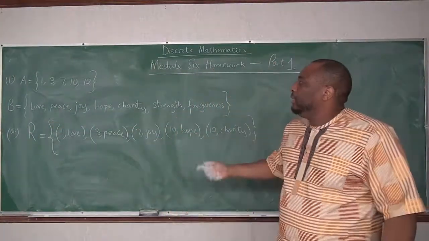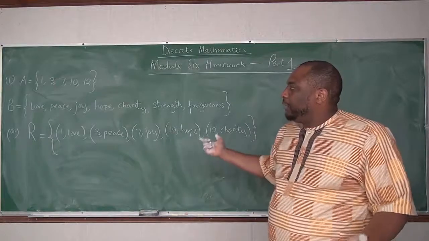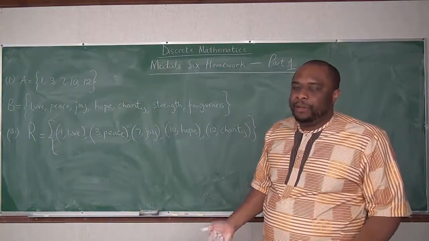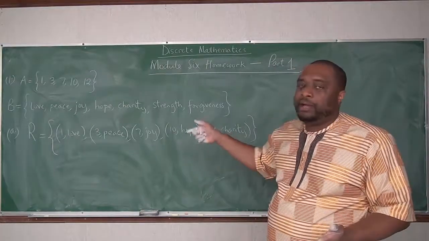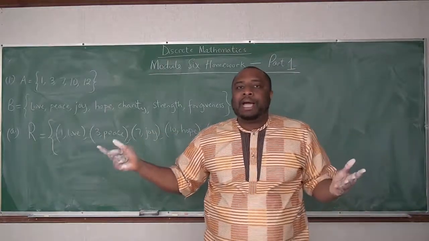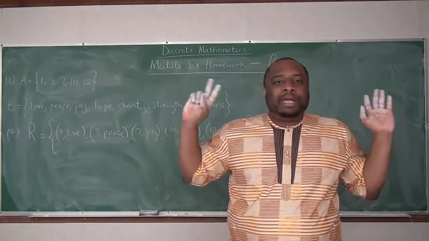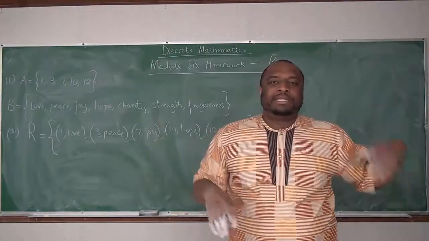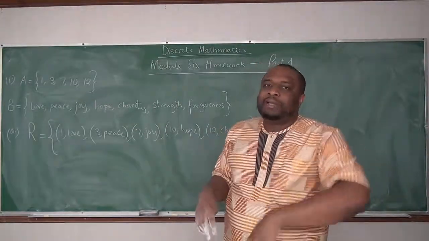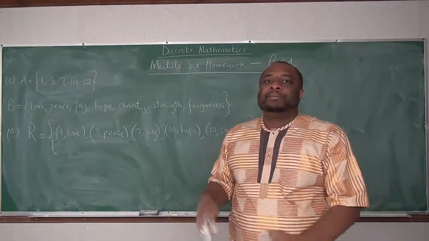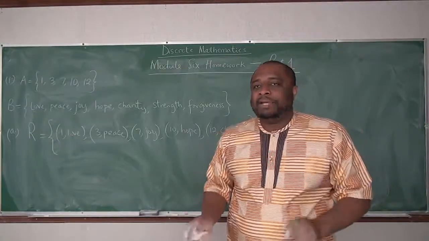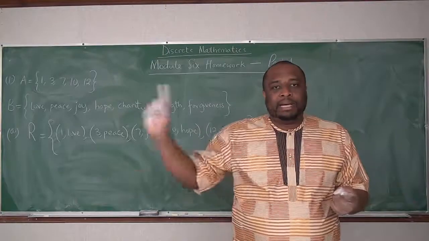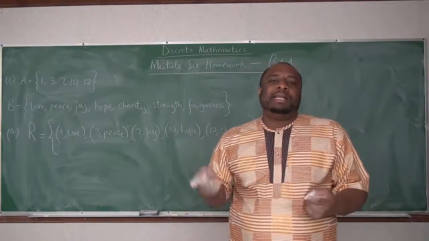Now, you can still have (3, love), because it's two inputs having the same output. Love is the output of 1, and love can also be the output of 3. The only thing you cannot have is (1, love) and then (1, peace).